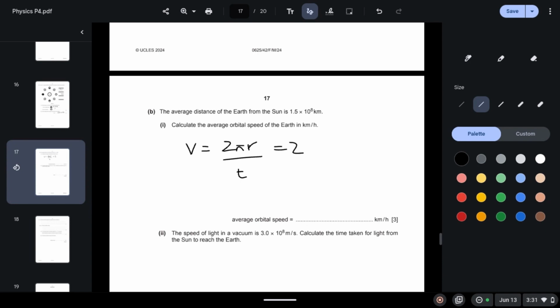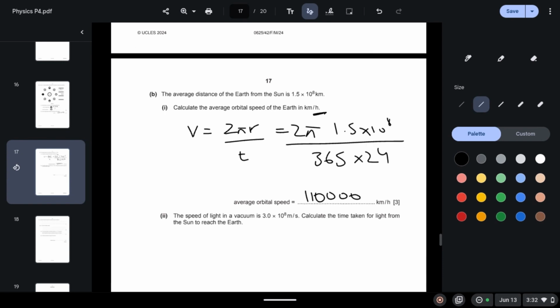So we have 2 pi r will be 1.5 to the power 8, and time, so they're asking the speed in kilometers per hour, so time will be in hours. So we know that the earth takes 1 year, so there are 365.24 hours in a year. So just put this in the calculator and you will get an approximate answer of 110,000 kilometers per hour.